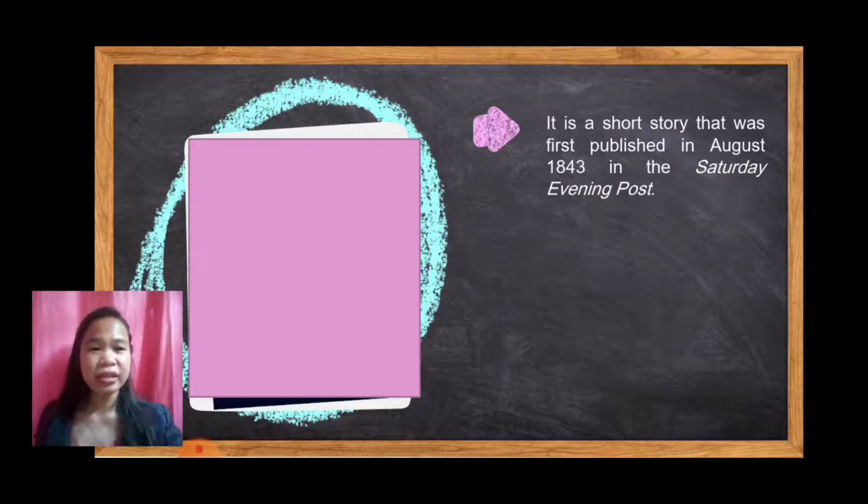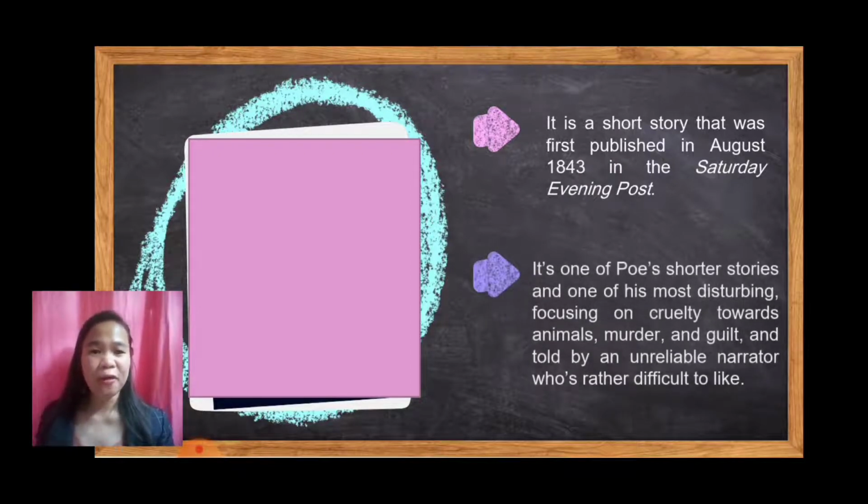The second hint is that it is one of Poe's shorter stories and one of his most disturbing, focusing on cruelty towards animals, murder, and guilt, and told by an unreliable narrator who's rather difficult to like.